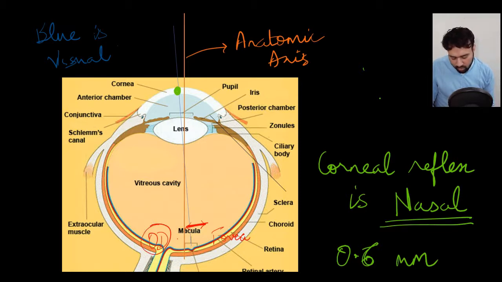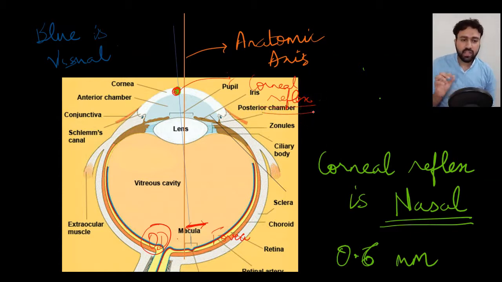Now because of this arrangement, the visual axis enters the cornea on the nasal half of the cornea, right? And wherever the light is entering, there is bound to be some reflection, right? This is the site of the corneal reflex, right?